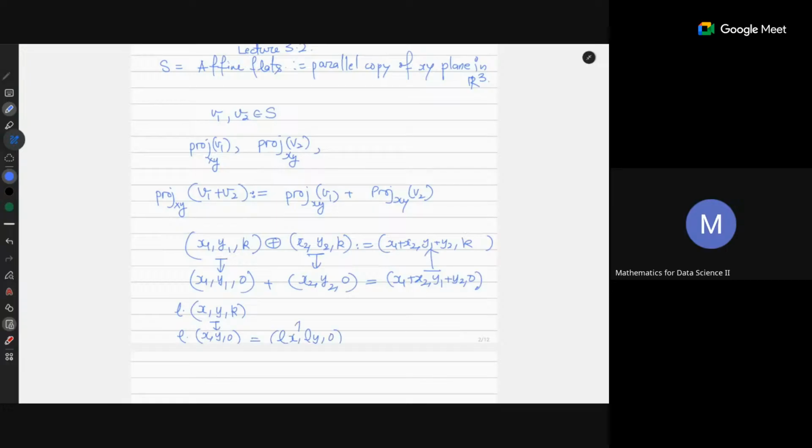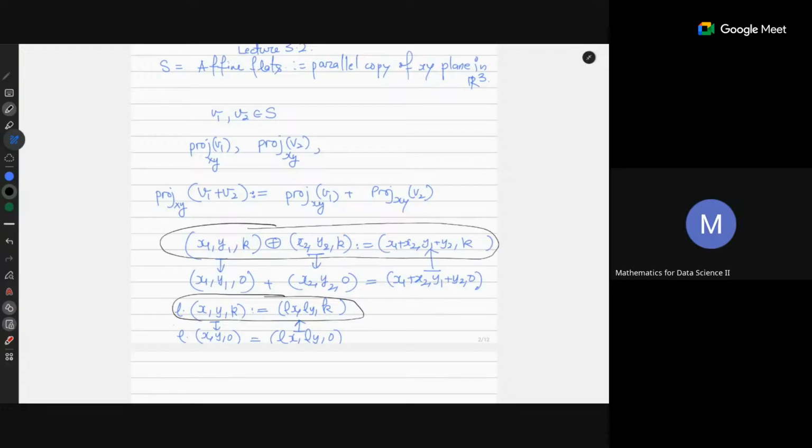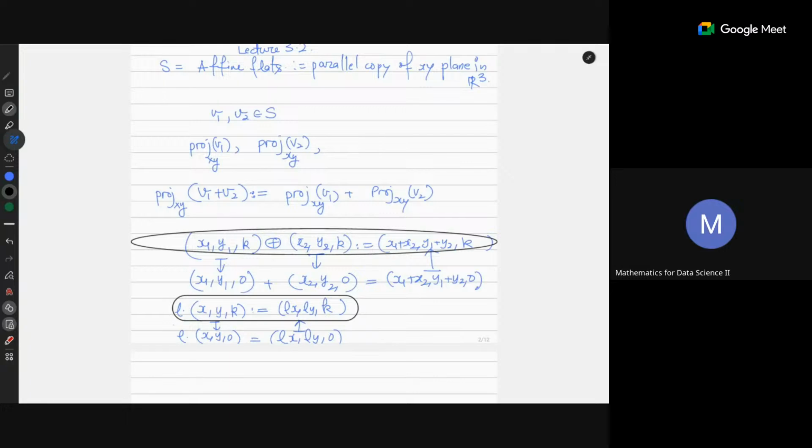And then you look at the point which projects onto this one. So that point will be exactly this. So this is how you're defining the scalar multiplication. And this is your addition.